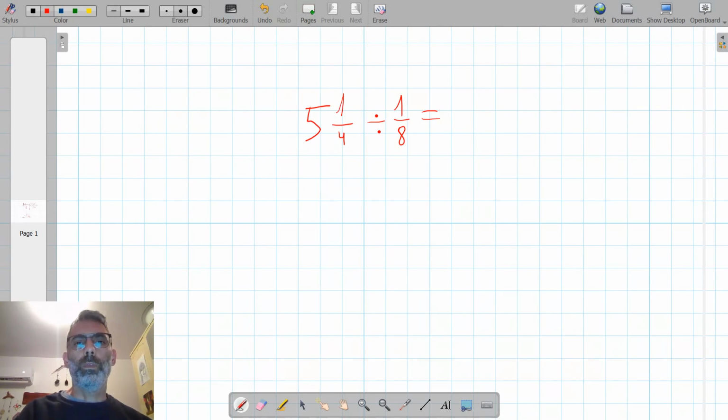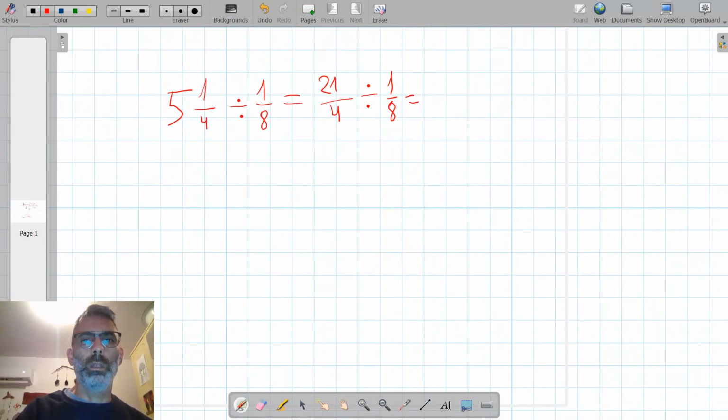So first I will turn the mixed number into an improper fraction. 5 times 4 is 20, plus 1 is 21 over 4. 21/4 divided by 1/8 is the same thing as 21/4 multiplied by the reciprocal, which is 8 over 1.